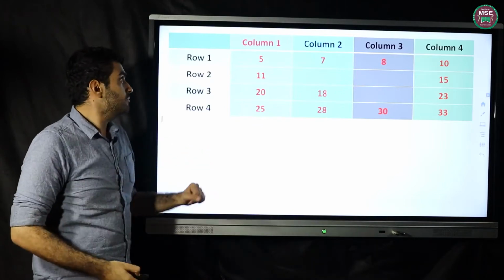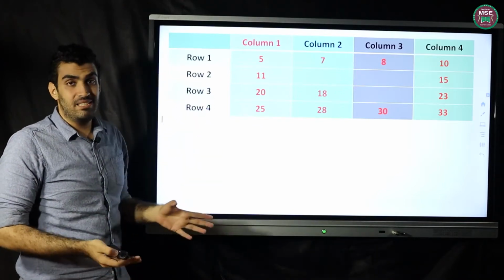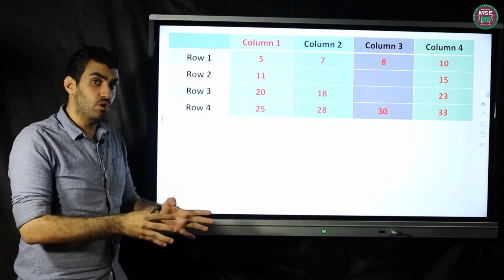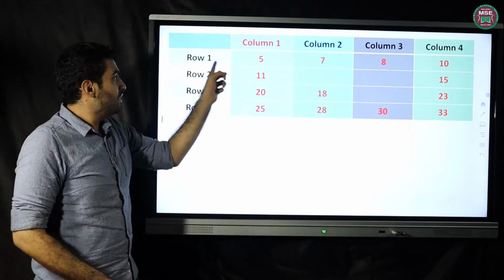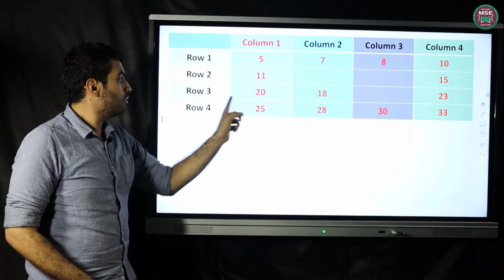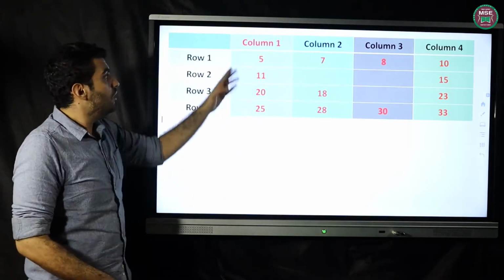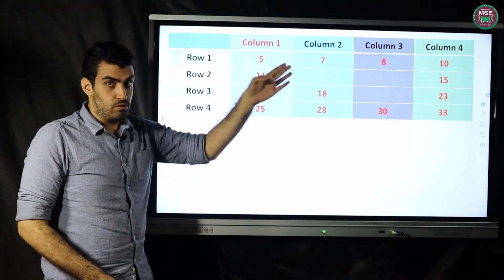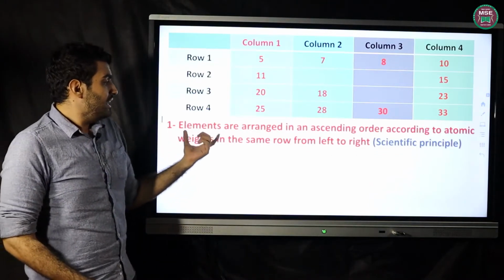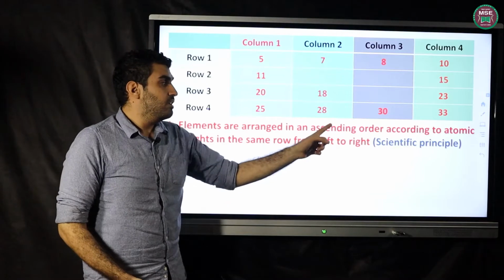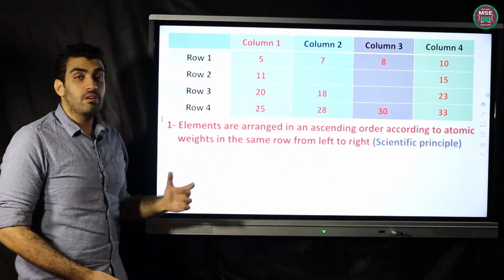This is a sample of Mendeleev's periodic table. As we see, any table is composed of two main parts, which are rows and columns. First row, second row, third row, fourth row. First column, second column, etc. We found that elements are arranged in ascending order according to their atomic weights.